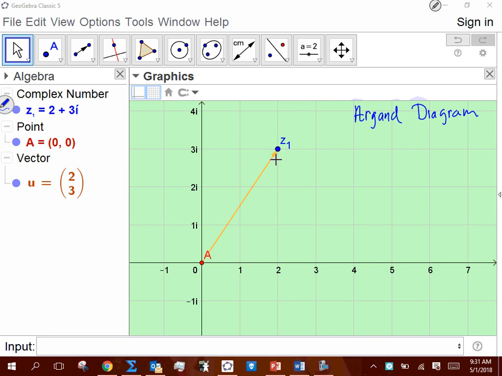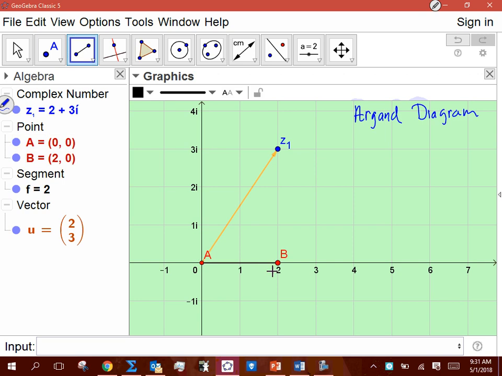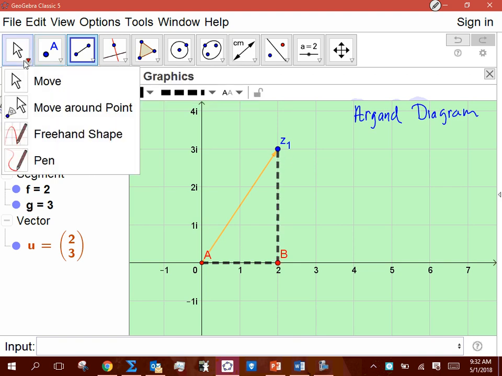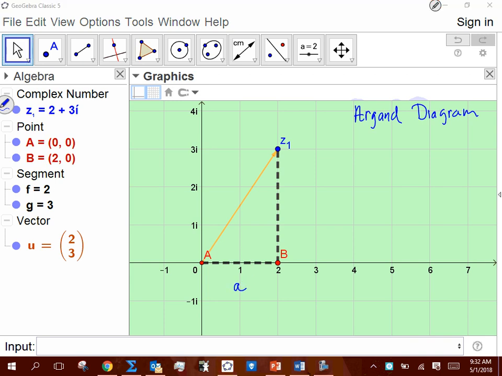Okay, and the reason we want that line there is because we should have that segment there and that segment there that were the rectangular movements, right? This distance here was some A amount.